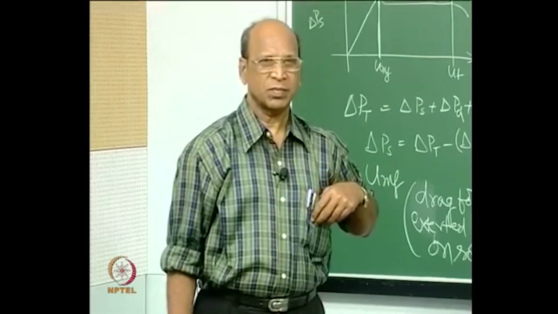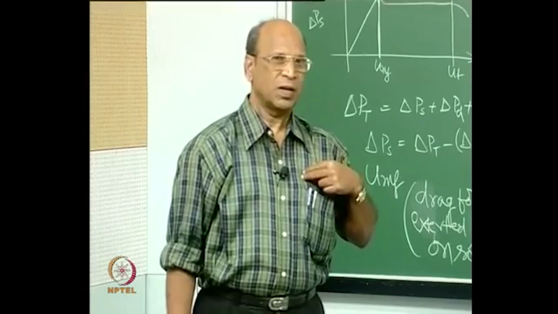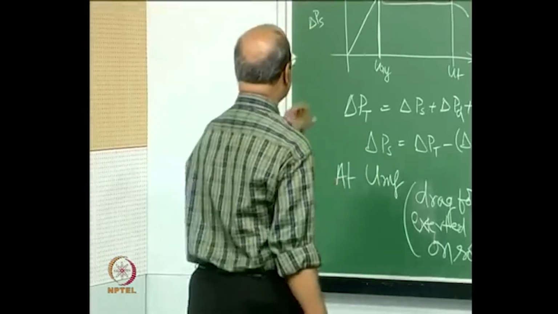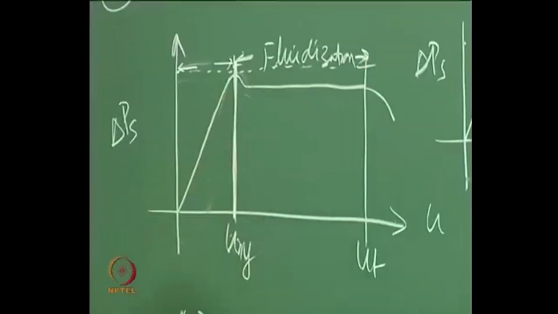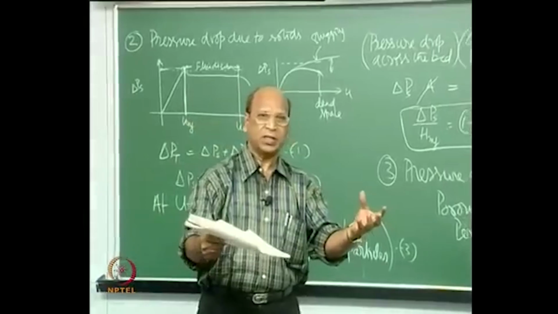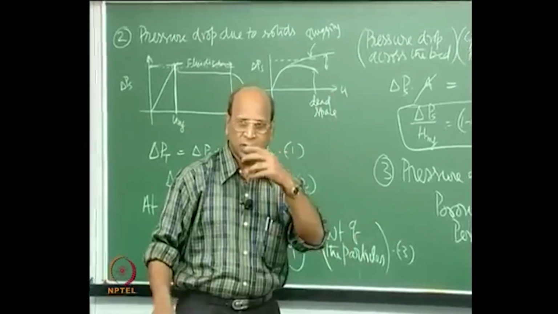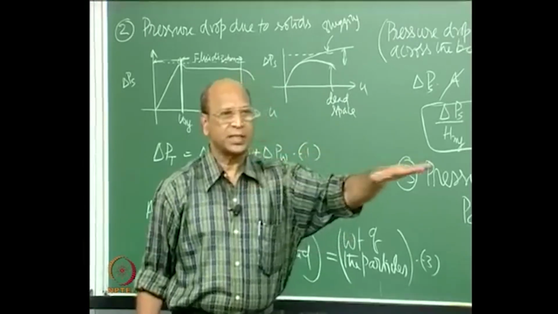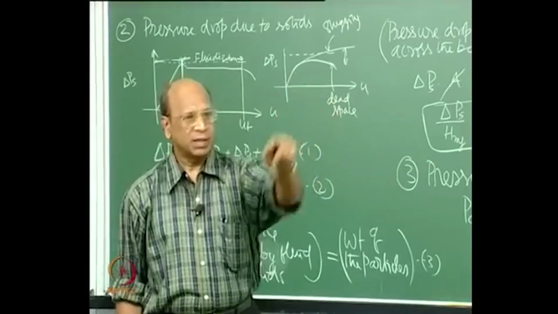Particles are attached to each other initially, and then they separate. It needs a little higher energy to break those interparticle forces, and once they are broken, it is easy again. The gas need not have that much energy. That is why it falls a little bit and then comes down.